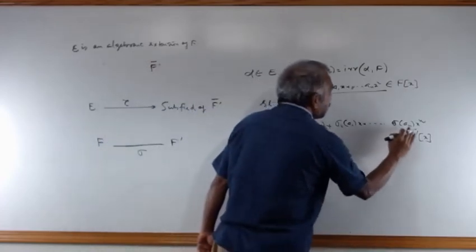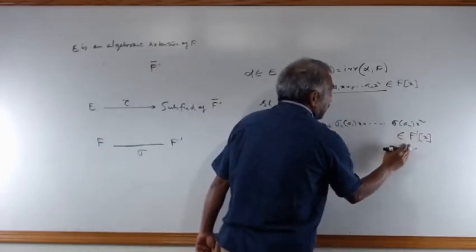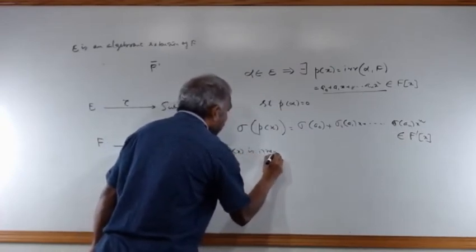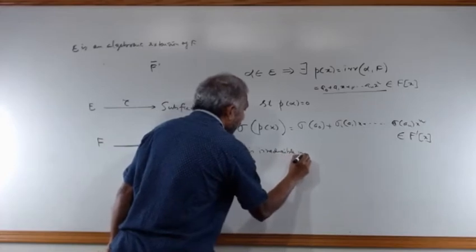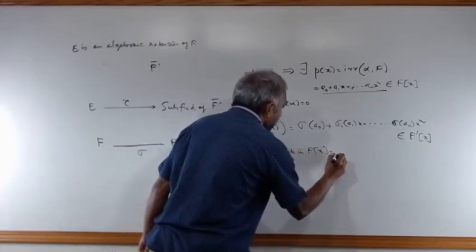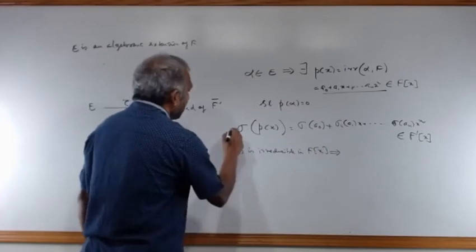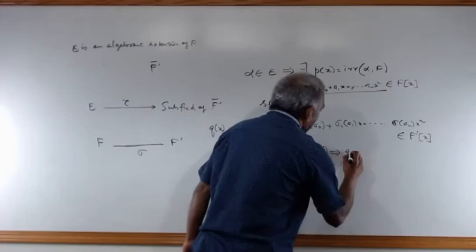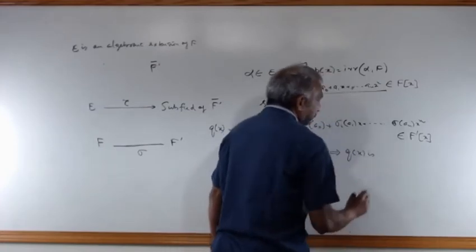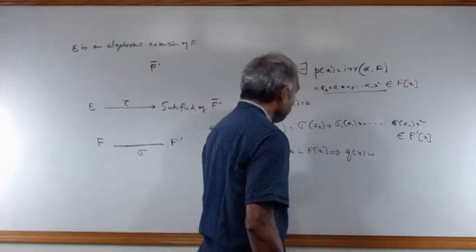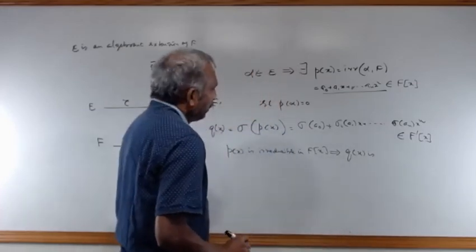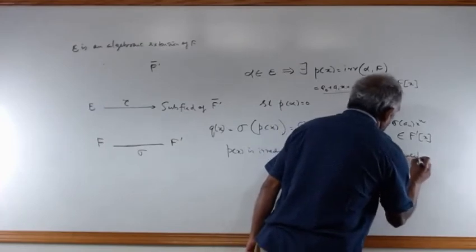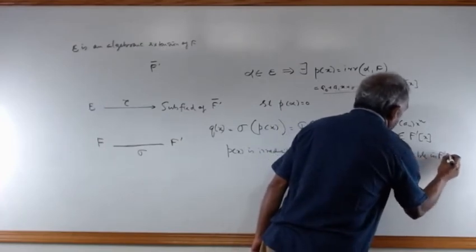That means this is an irreducible polynomial in F prime[x]. So p(x) irreducible in F[x] implies, let us take this as q(x) so that I don't need to write it again, q(x) is irreducible in F prime[x].